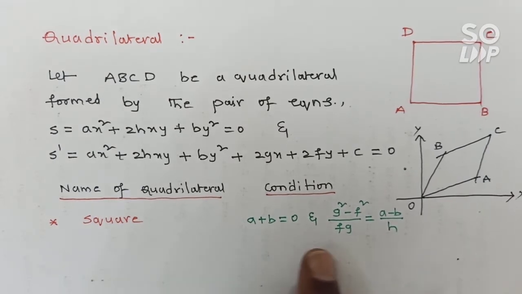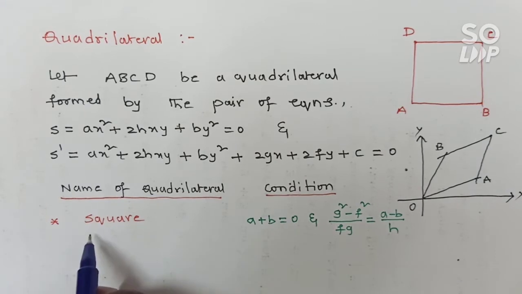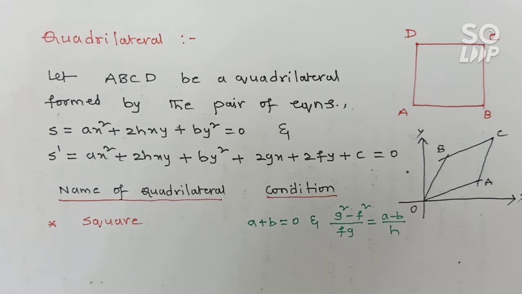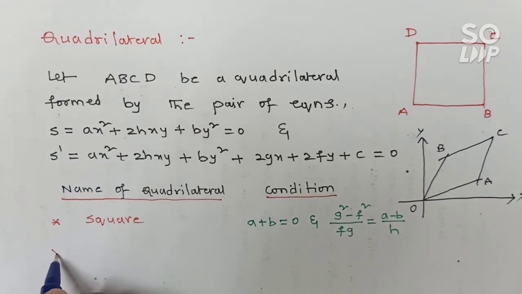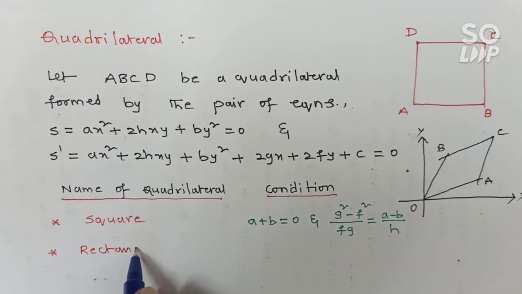If both conditions are satisfied, the quadrilateral represents a square. And next, if only the first one is satisfied, I mean a rectangle.